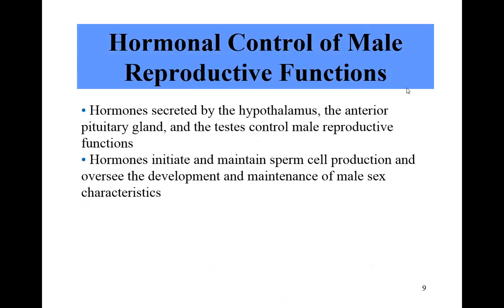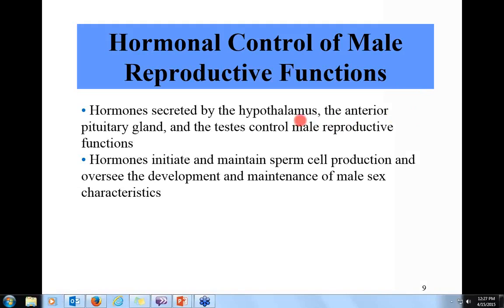Now, primarily when you think hormones and reproduction, you think female, but males are regulated by some of the same hormones as females. And we have some old friends here. The hypothalamus is regulated by hormones, pituitary gland, and of course the testes.